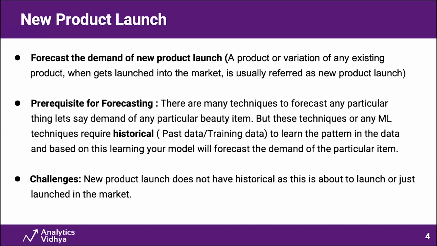So the first thing which you require for any machine learning or forecasting algorithm is to feed the historical data, right? But in our case, this product is newly launched, right? If it is just launched or about to launch, in both cases you will have maximum data points, hardly 3 or 6 data points, right?